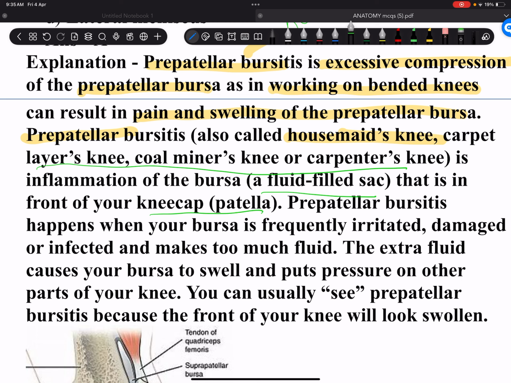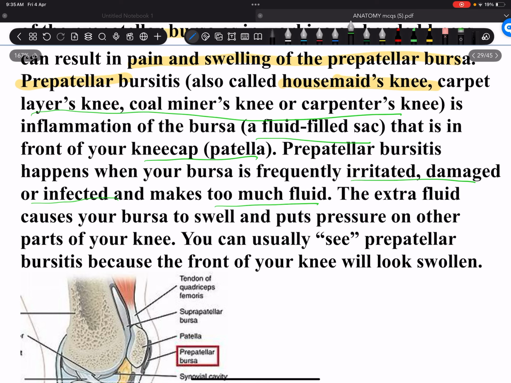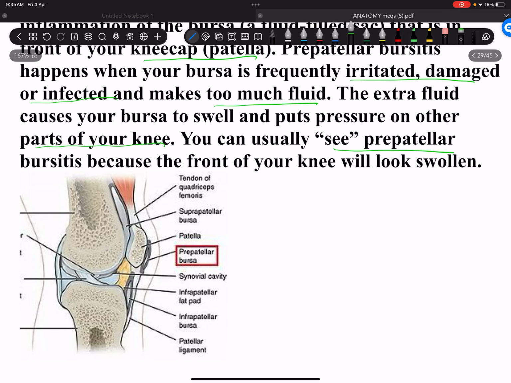It happens when your bursa is frequently irritated, damaged or infected and makes too much fluid. The extra fluid causes the bursa to swell and puts pressure on other parts of your knee. You can usually see it because the front of your knee will look swollen.